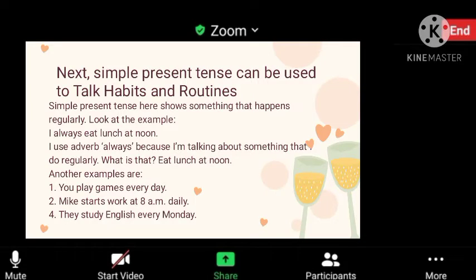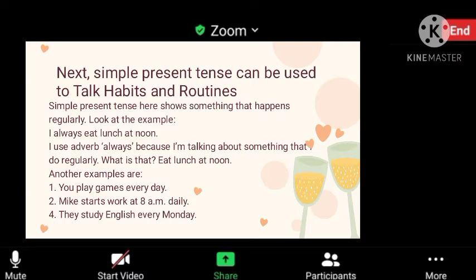Next, simple present tense can be used to talk about habits and routines. Simple present tense here shows something that happens regularly. Look at the examples, guys. First, I always eat lunch at noon. I use the adverb always because I'm talking about something that I do regularly.